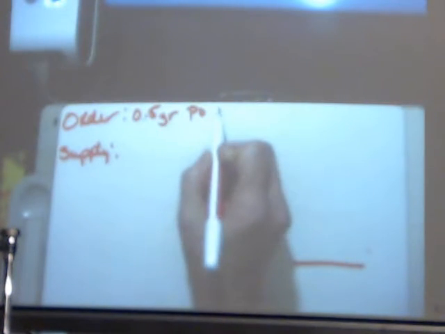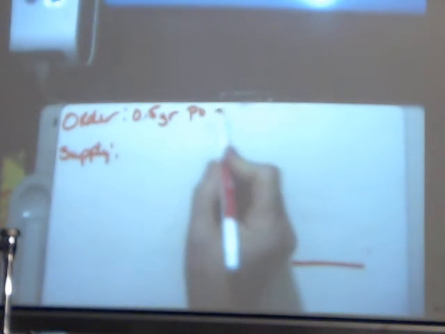Same thing. I want my order. I want my supply. And what's the question asking? So number 5 says Thorazine, grain 1/2. So it's ordered 0.5 because that's half, right? Grains, PO, that's by mouth, TID, and that's 3 times a day. Okay, so it's 3 times a day.